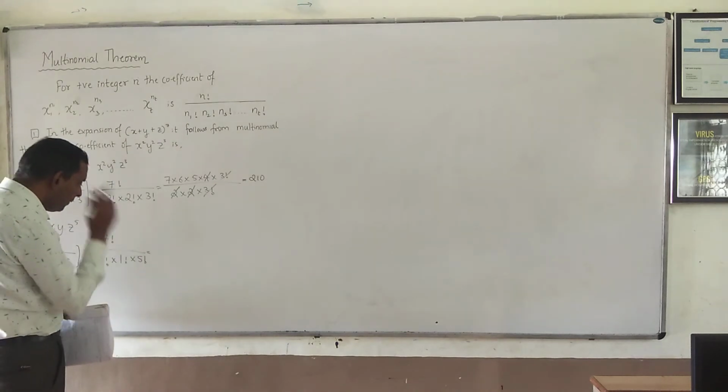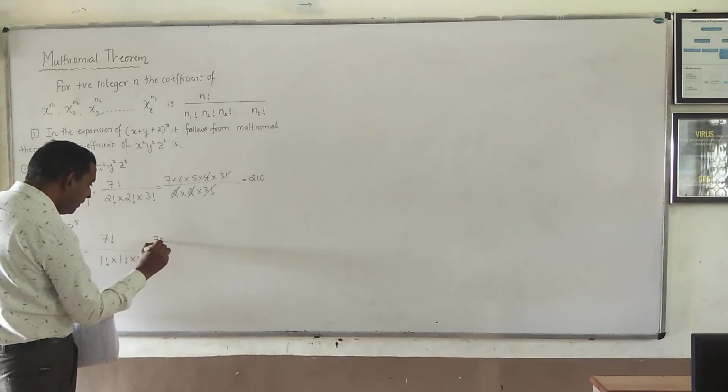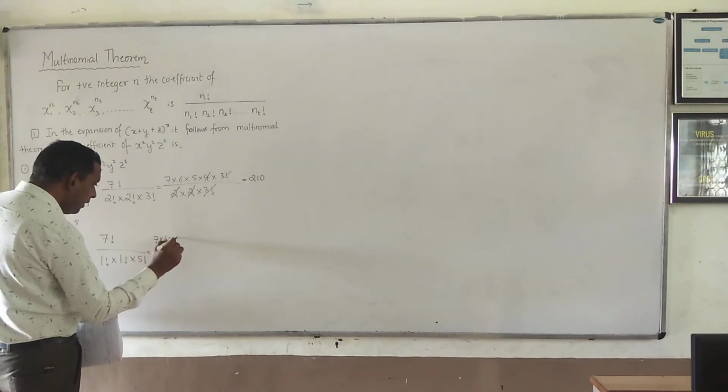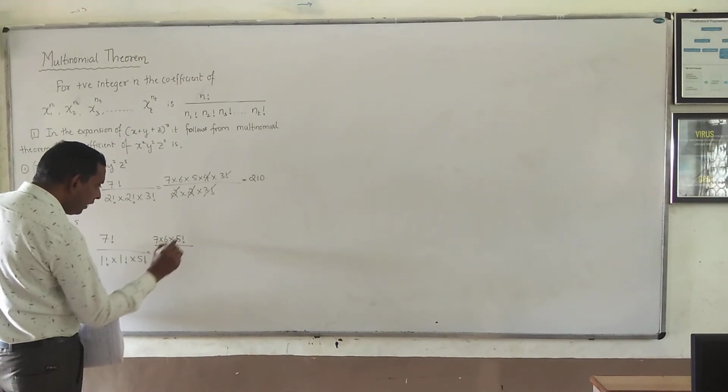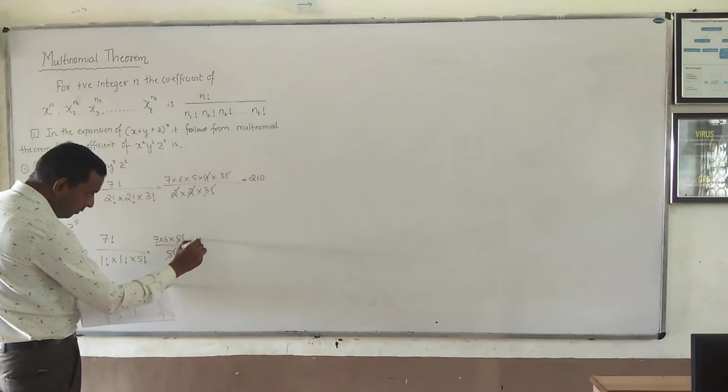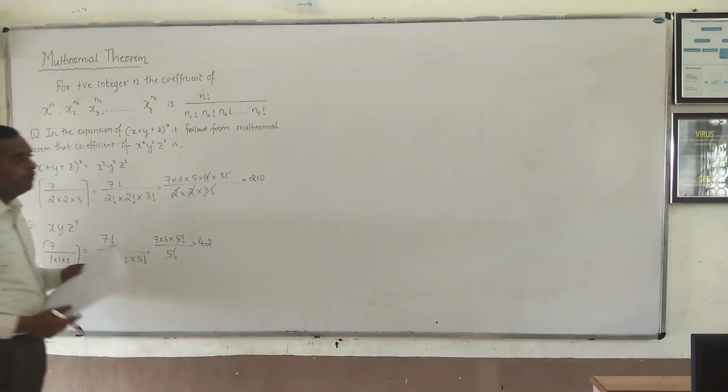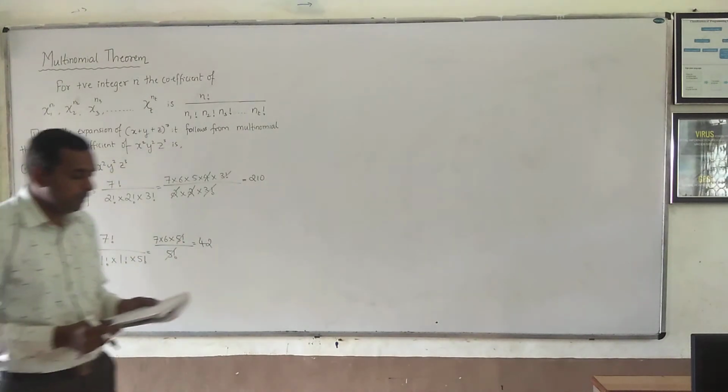So it is 7, 6 and 5 factorial divided by 5 factorial, which will get cancelled. The answer is 42. This is the multinomial theorem.